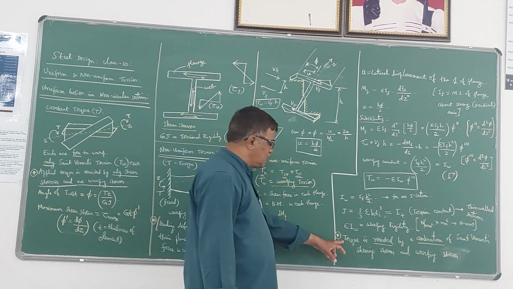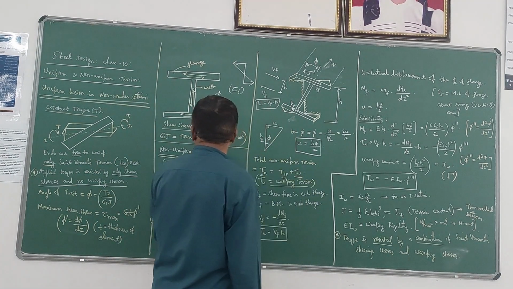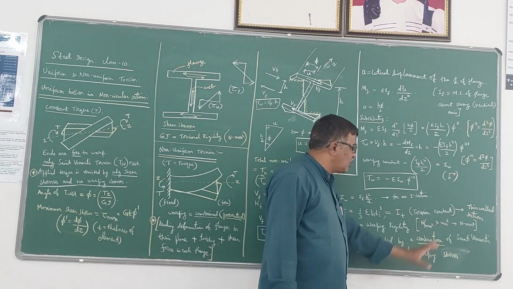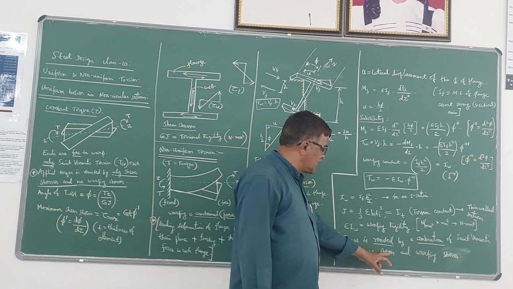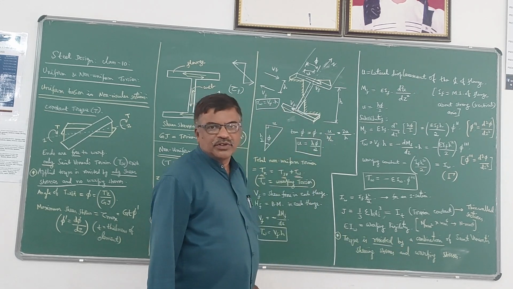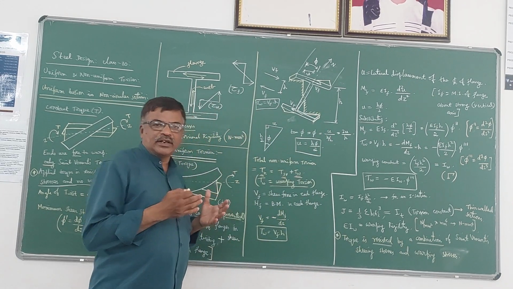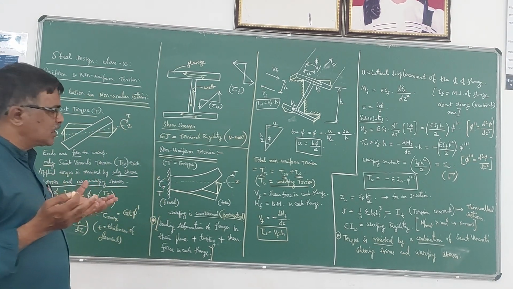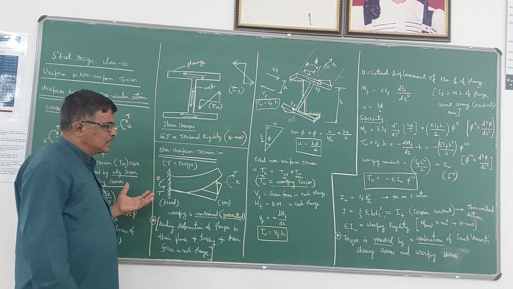So in the case of non-uniform torsion, torque is resisted by a combination of St. Venant shearing stress as well as the warping stress. This is the difference between uniform and non-uniform torsion for non-circular sections or thin walled sections.